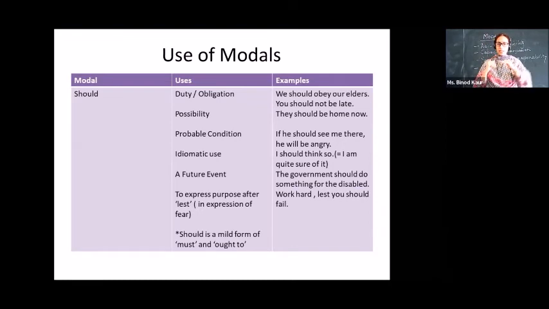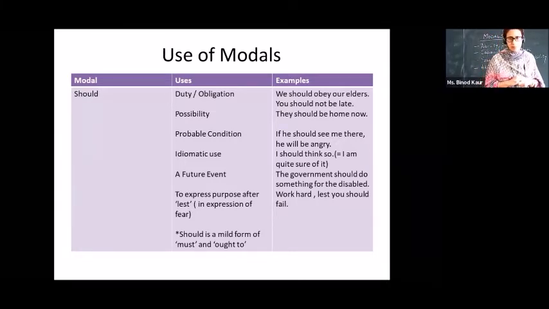Should is at the lowest, number three, then must, then ought to. When you want to force something, duty or obligation, you need to see at which degree you want to say this. If you are saying it in a mild manner, mild is normal. If you want to raise the degree, then use must. If you want to raise more, then ought to.